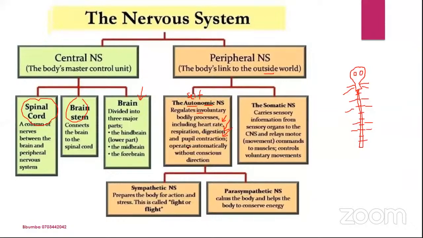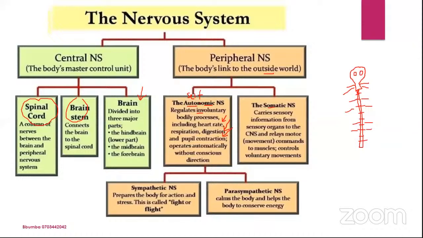All these ones occur without you knowing. And then the somatic nervous system. Now these ones occur when you have willed. For example, you may like to walk or to jump. All those are controlled under the somatic nervous system, okay?